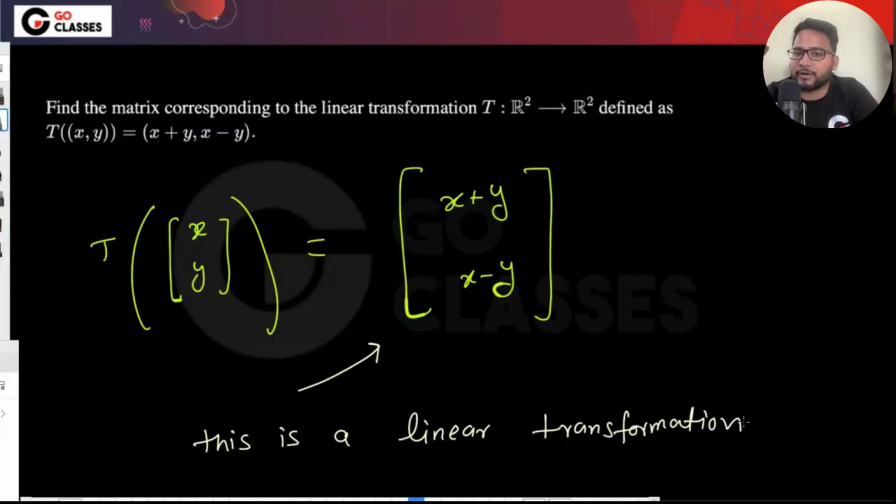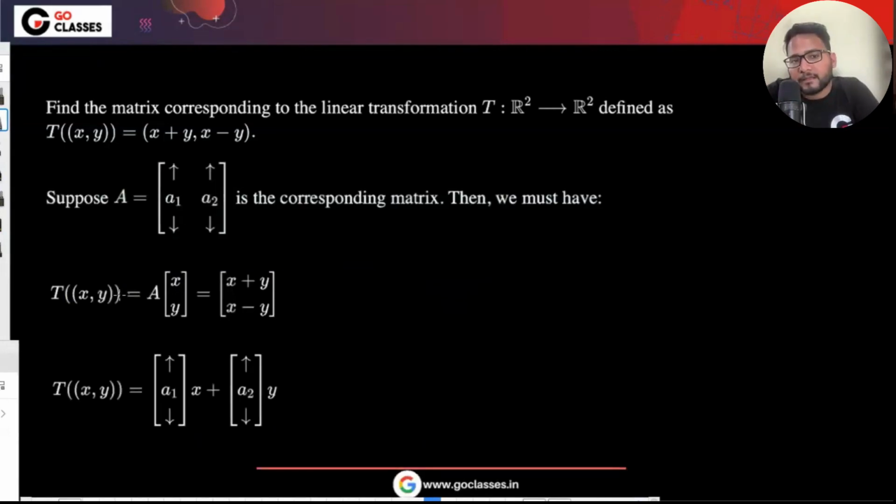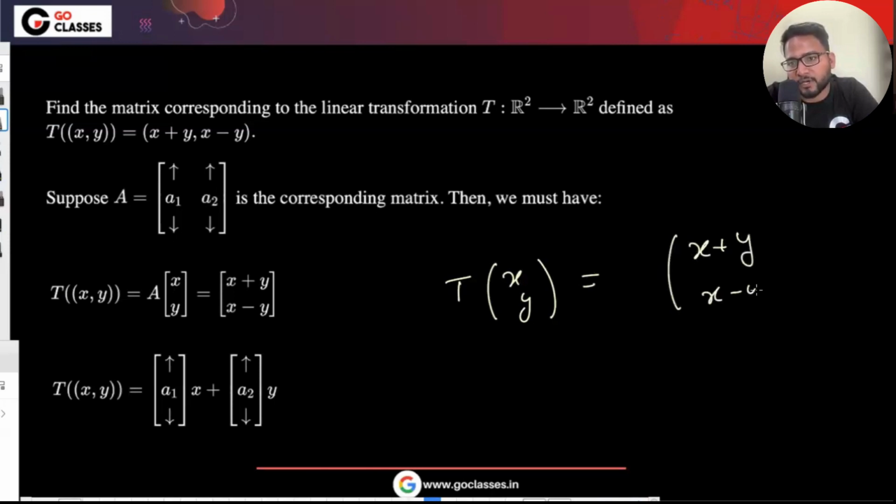Now, I want to check what is the matrix for this linear transformation. What do I mean by that? Let me tell you. You have this T of x, y, which is giving you something like this: T of x, y is x plus y, for example, and x minus y. This is some linear transformation. Now, I want a matrix associated with it.